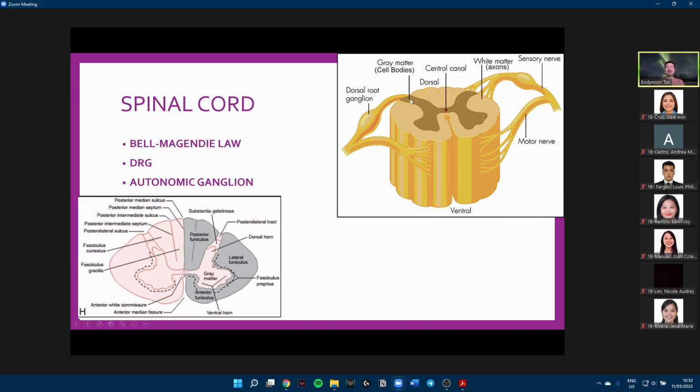Okay? And in the dorsal part, in the afferent part, you have this enlargement called the dorsal root ganglion. Remember when you were still children, meron yung chickenpox na tawag, di ba, yung varicella zoster virus infection. So if yung chickenpox mo gumaling na siya, that virus does not usually leave your body. It's just there, okay? Nandun lang siya. Nakatago siya sa dorsal root ganglion.